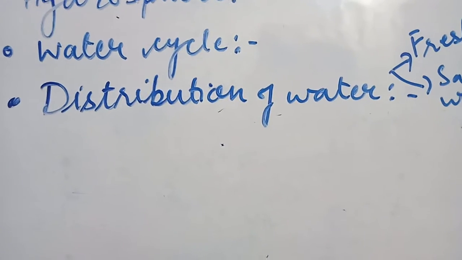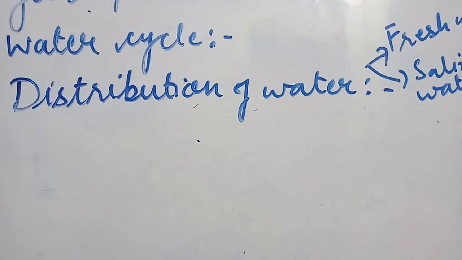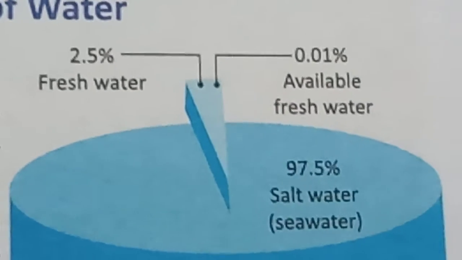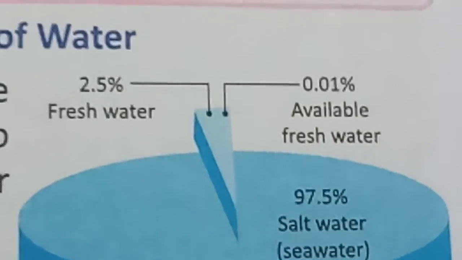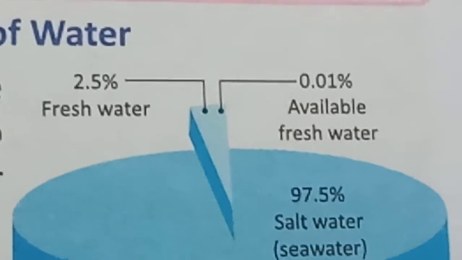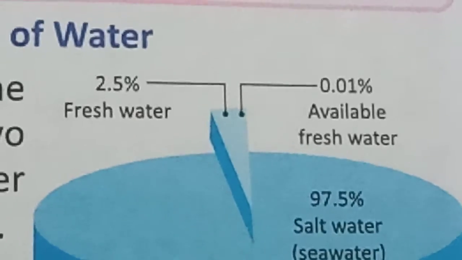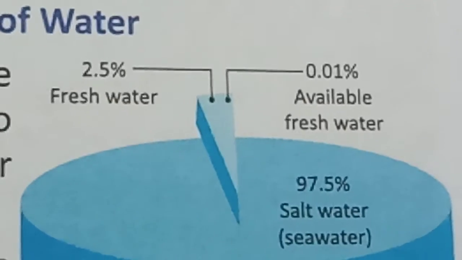About 97% of the total water on the earth is found mostly in oceans. It is salty as it contains a large amount of dissolved salts, mainly sodium chloride, or the common table salt that we use.